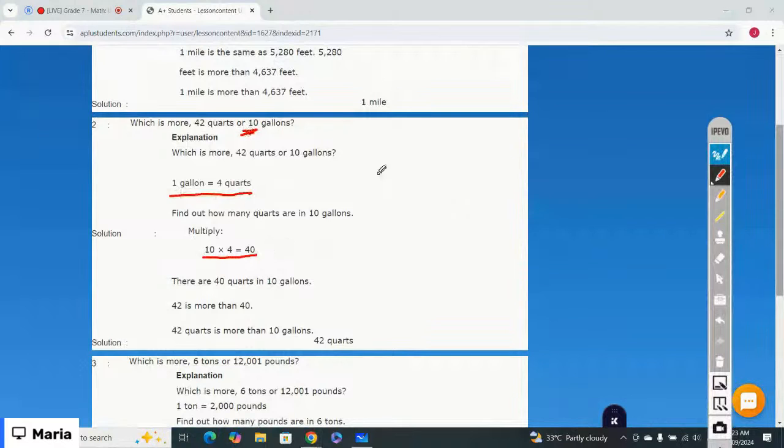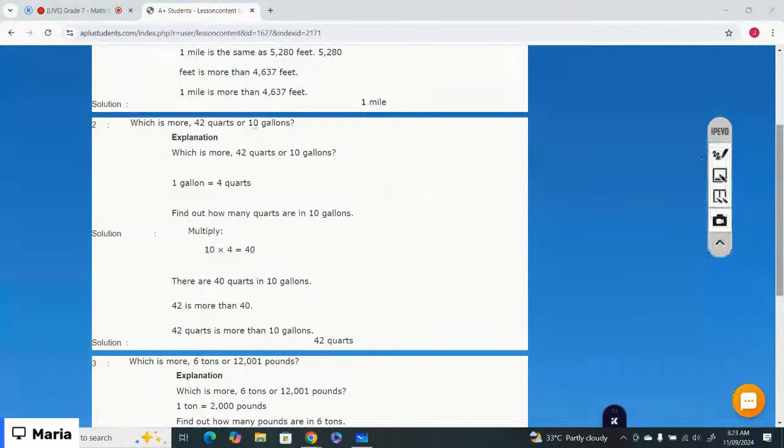So that means you have to compare 42 quarts and 40 quarts. So which is the correct option? 42 quarts is more than 40 quarts, right? That means 42 quarts is more than 10 gallons.